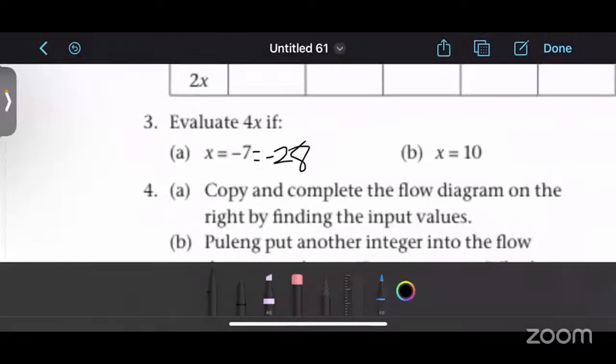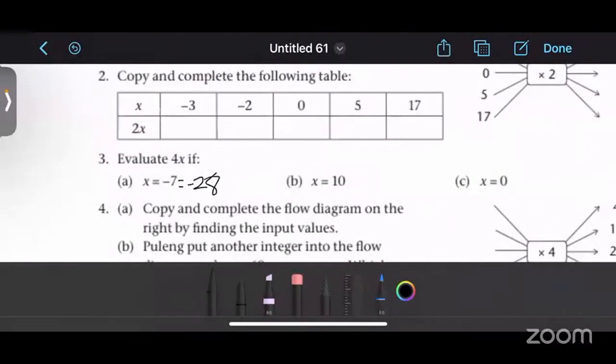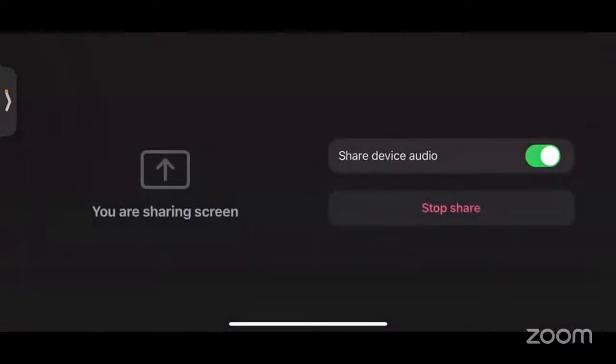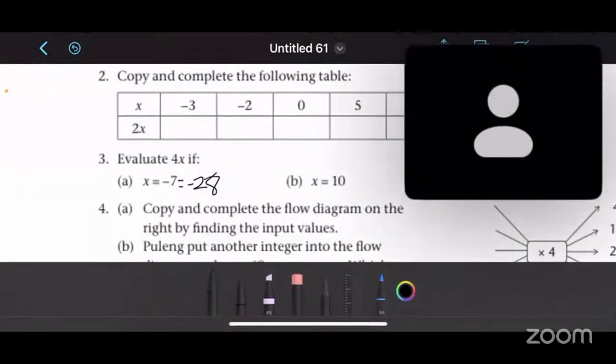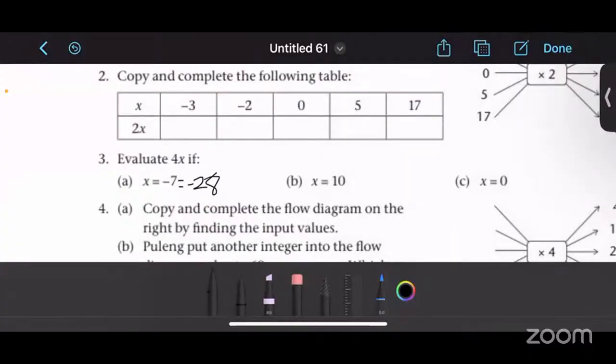Okay, and then let's go to B. Manahil, are you still with me? Yes. Let's go to B. So they say x is equal to 10.